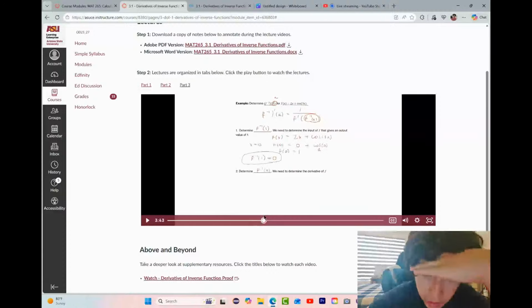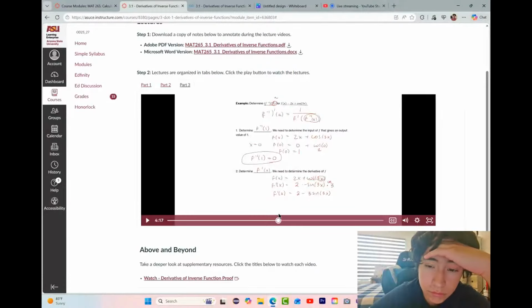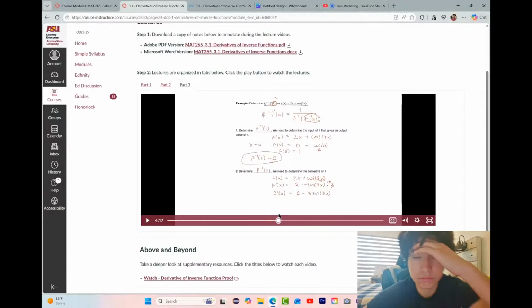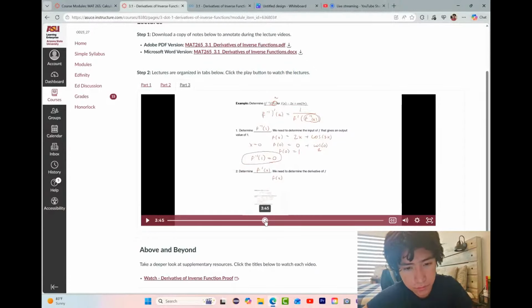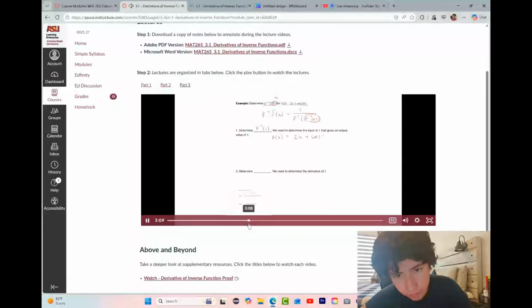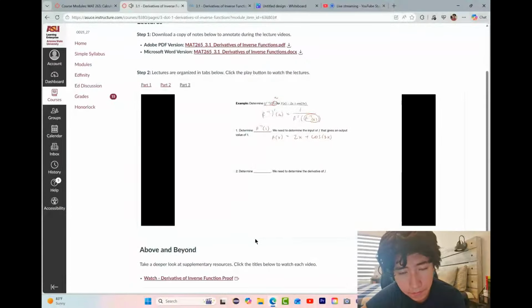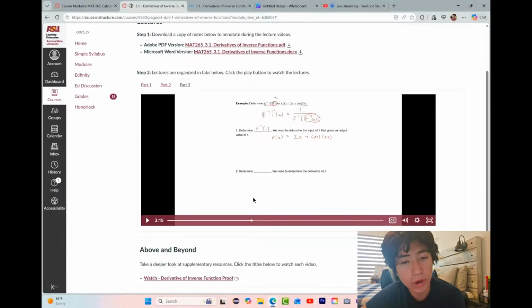No, I think this is really easy. F of x would have an output of 1. That's what we're trying to find.